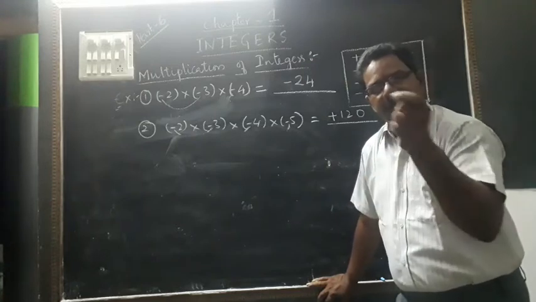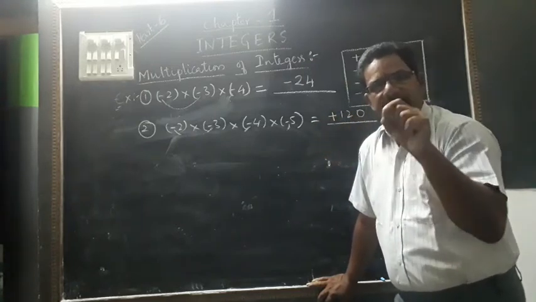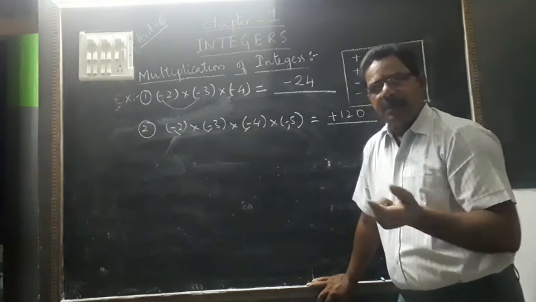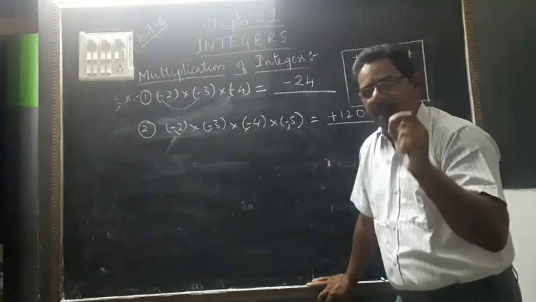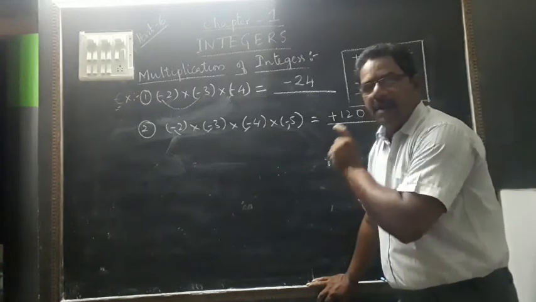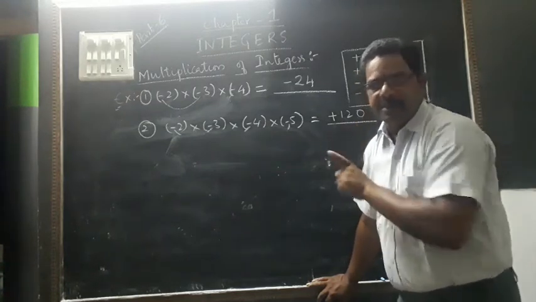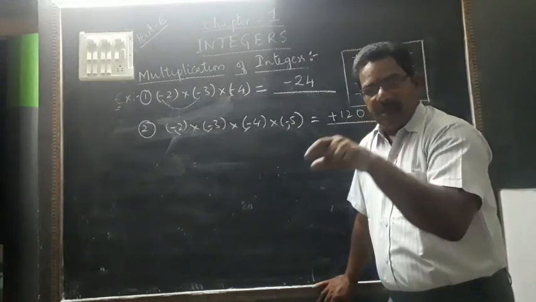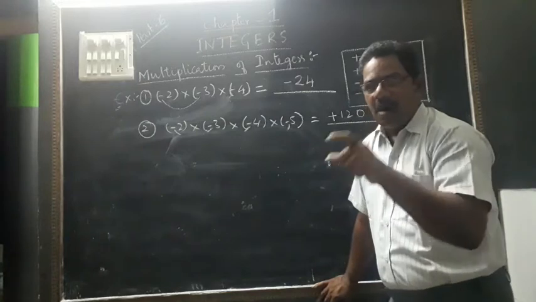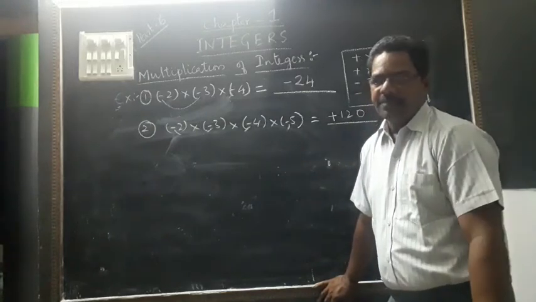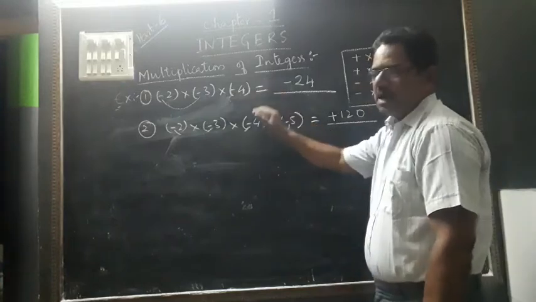The product of any 10 negative integers, the resultant symbol is positive. Like that, the product of an even number of negative integers will become positive. If it is an odd number of negative integers, you get negative as the symbol. Okay, so these two things you have to remember.